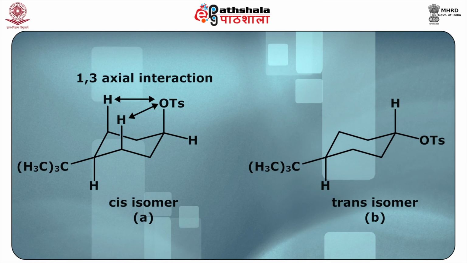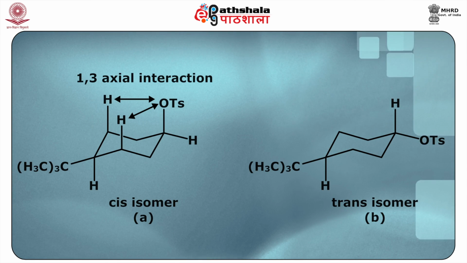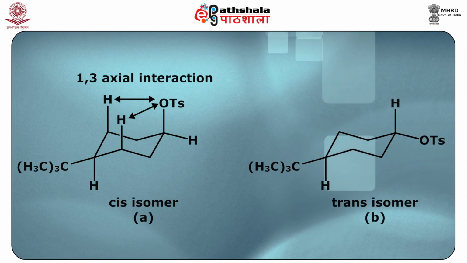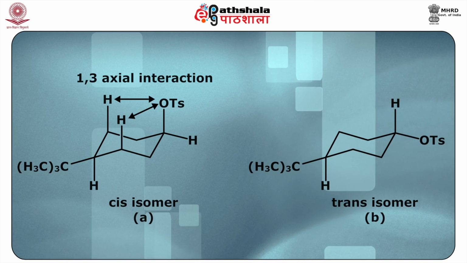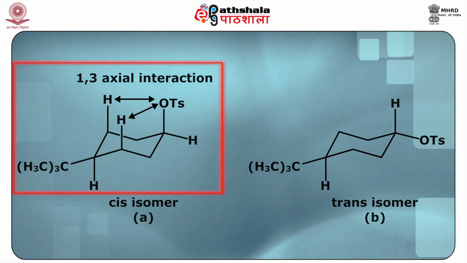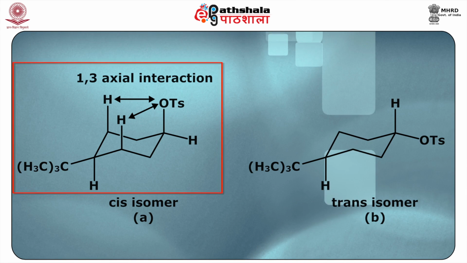But in a cyclic system, the mechanism is affected by the axial equatorial positions of hydrogen. For example, in the acetolysis of cis and trans tertiary-butyl cyclohexyl tosylates, as shown in this scheme represented as A and B, you can see the 1,3 diaxial interactions lead to a faster SN1 reaction.